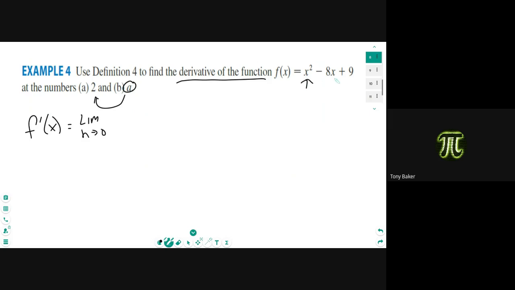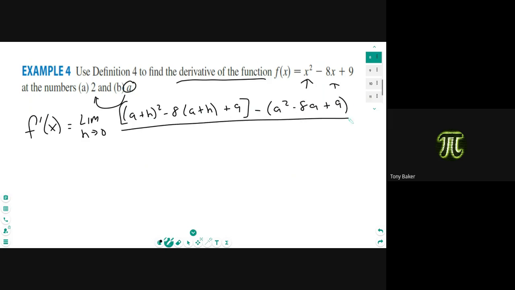We're going to change all these to a plus h. So a plus h squared minus 8 times a plus h plus 9, minus a squared minus 8a plus 9, all over h.